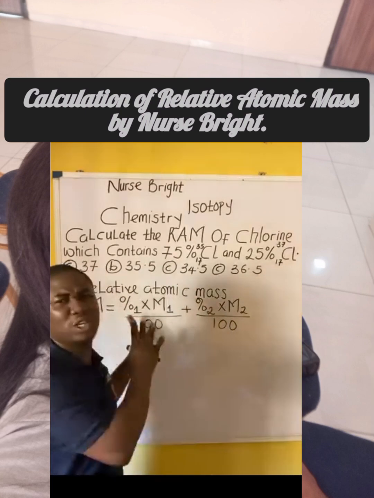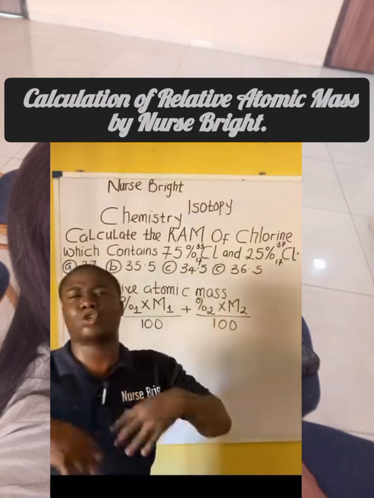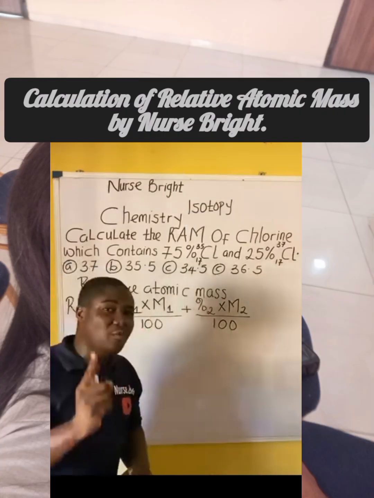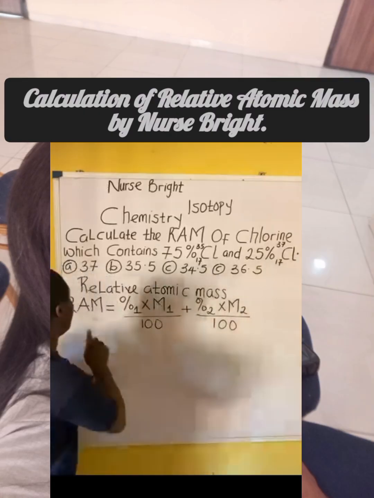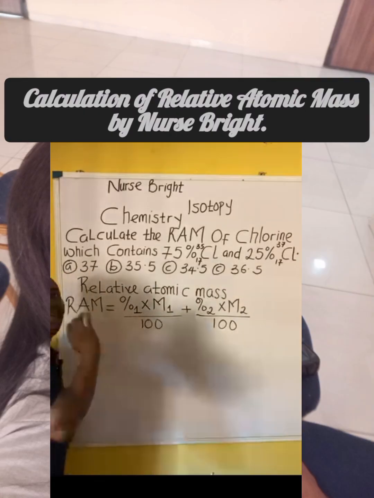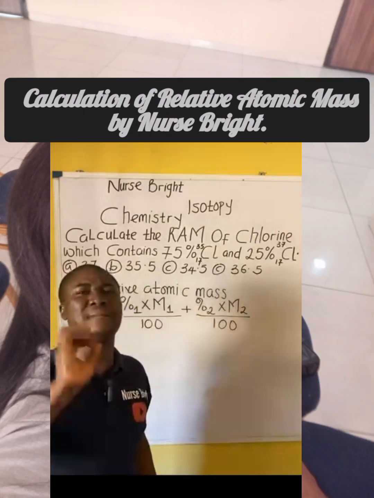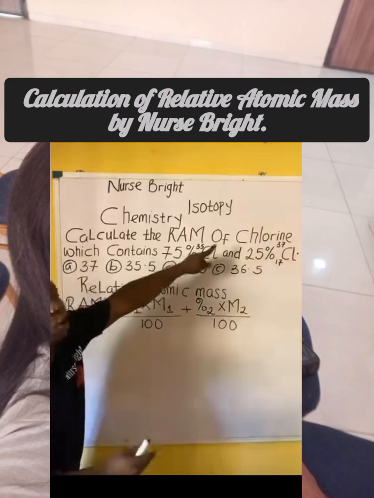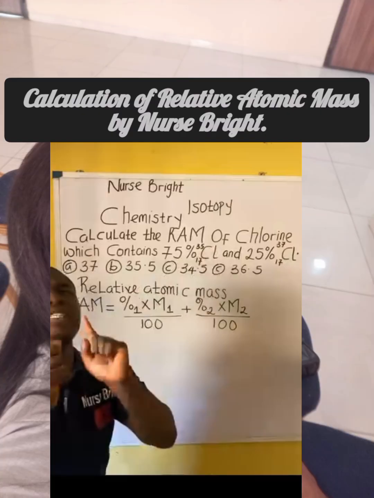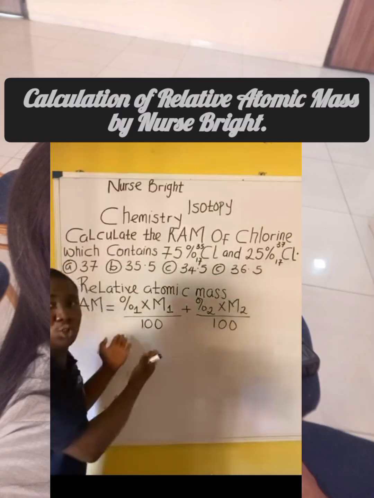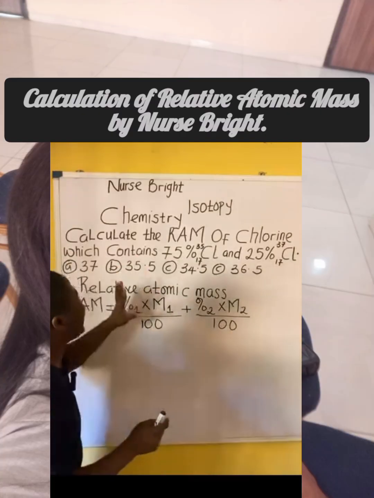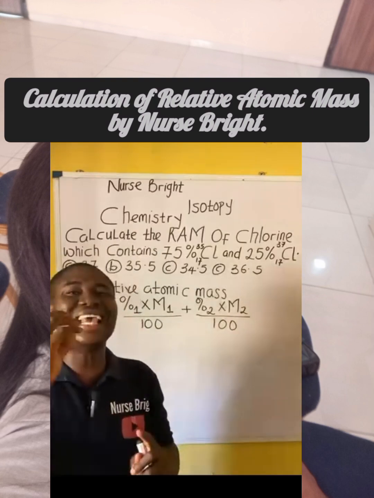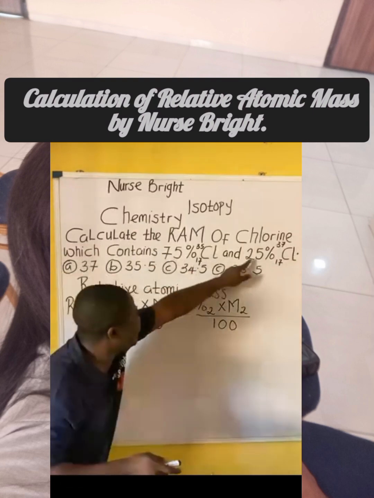At the end of solving this question, I'm going to give you a practice question so you solve to master this aspect properly. The question is asking us to calculate the RAM, which means relative atomic mass, of chlorine. This question is dealing with percentages.